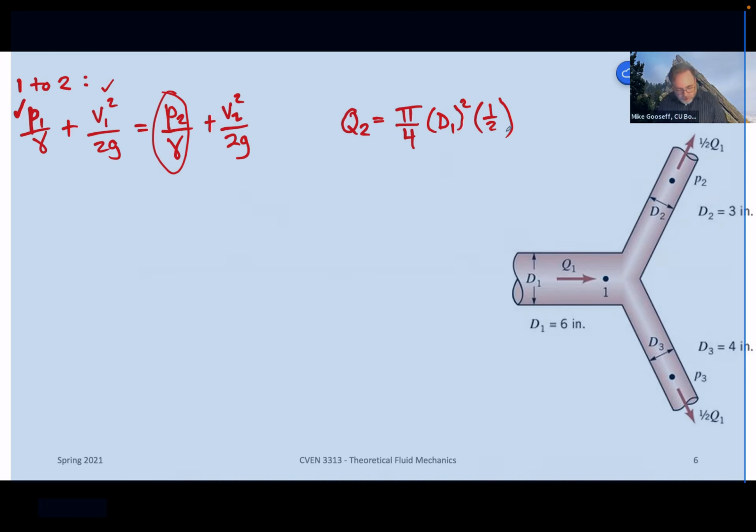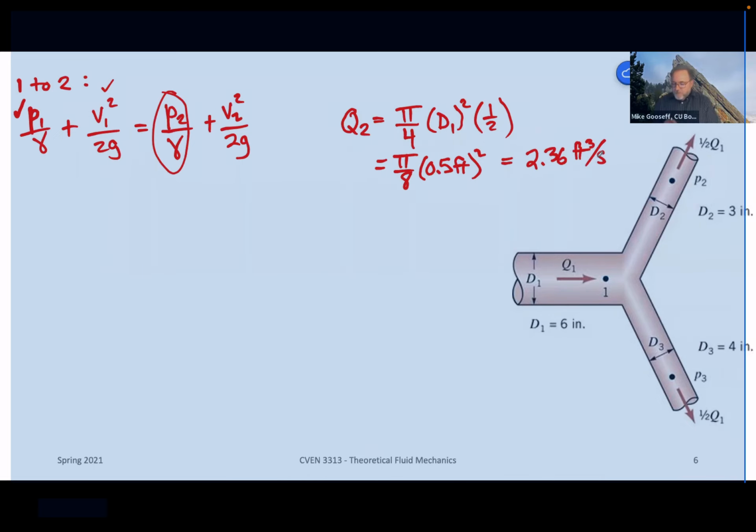And so that comes out to a value of, let me take it one more step, pi over 8 times d squared, which is 6 inches, so that's 0.5 feet. We're going to square that, and that comes out to be 2.36 feet cubed per second.